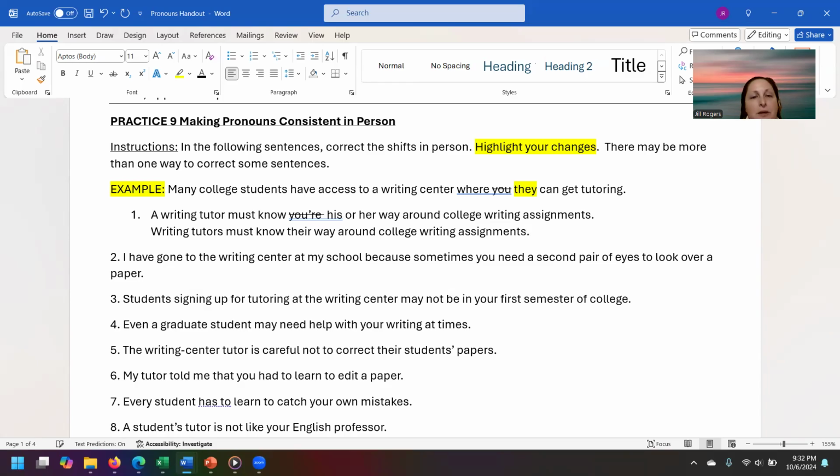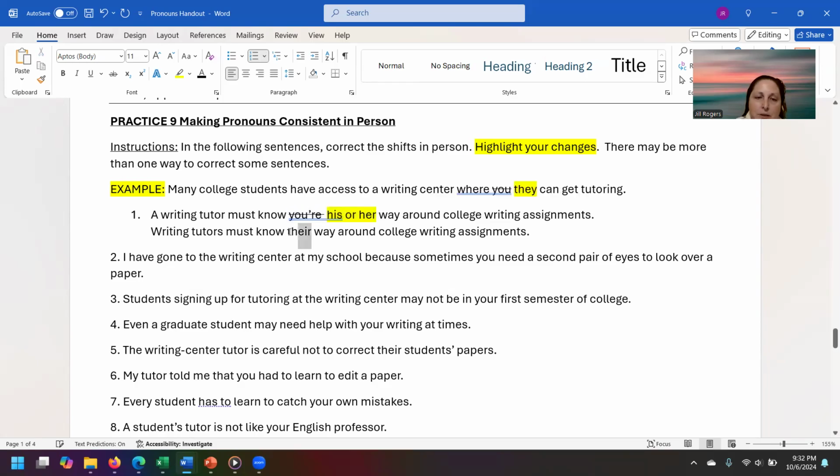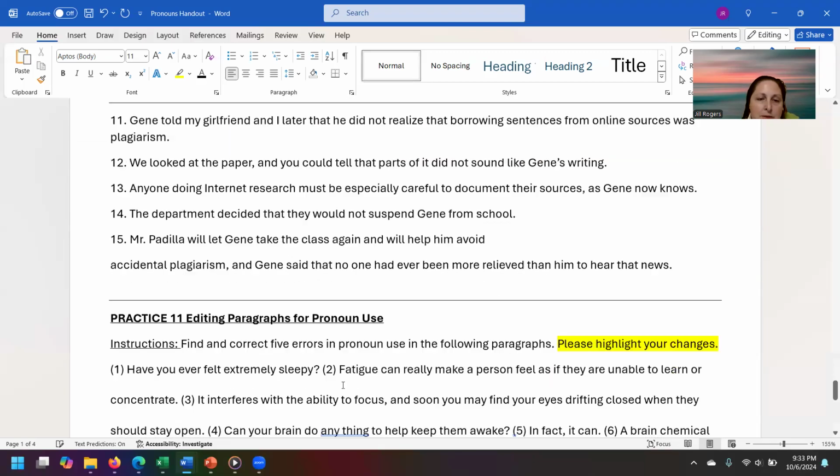You do not have to write both ways. I'm just giving you an example that both are acceptable. Please highlight your corrections, right? Just make sure that they're consistent and they agree. Okay, I think that there's two more examples, yes.